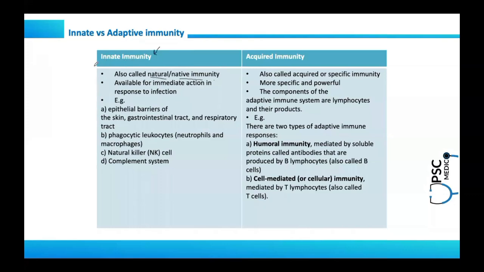So the immediate action is there which can give a response to infection. For example, you take the epithelial barriers of skin, GIT, respiratory tract, and also the phagocytic leukocytes, natural killer cells, and complement system. These four are actually the examples for innate immunity.